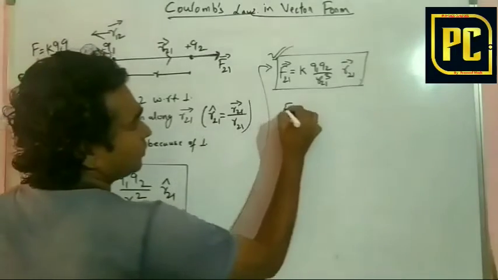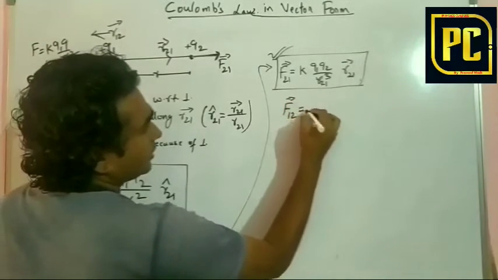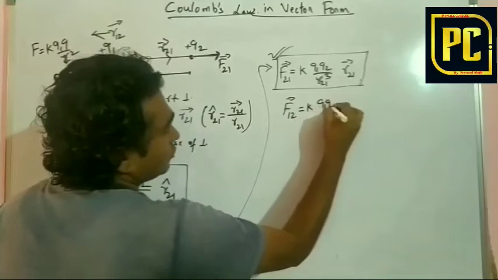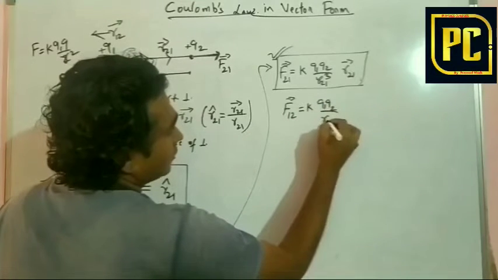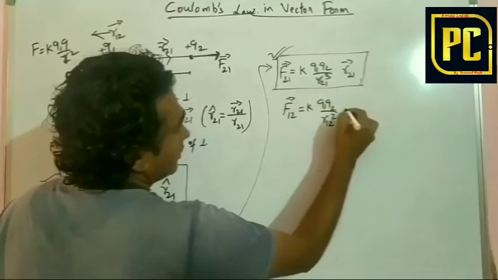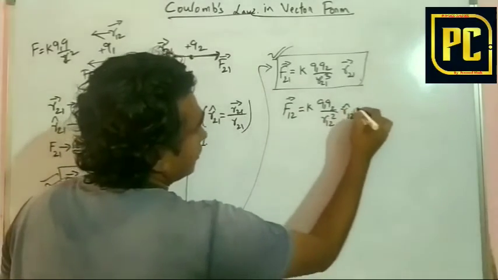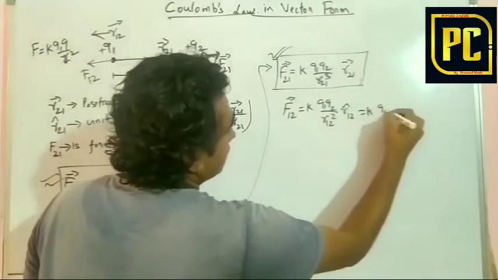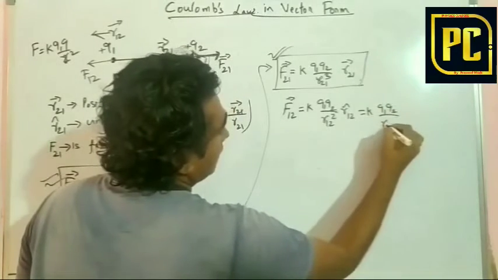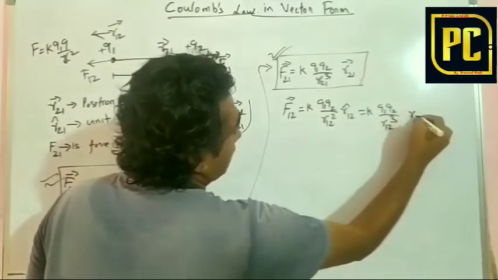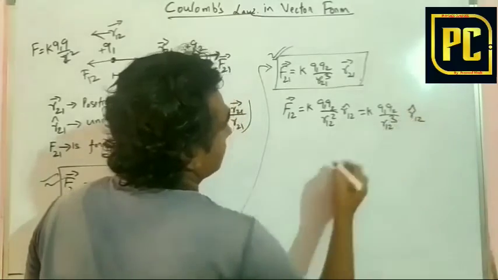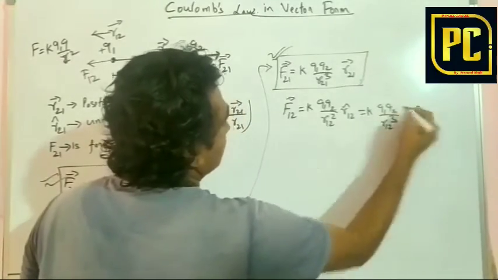Your force F12 will be K Q1 Q2 by R12 square R12 cap, or simply K Q1 Q2 by R12 cube R12 vector.